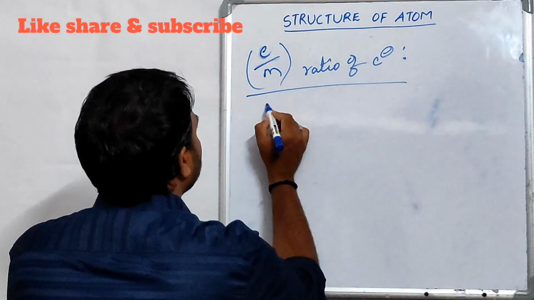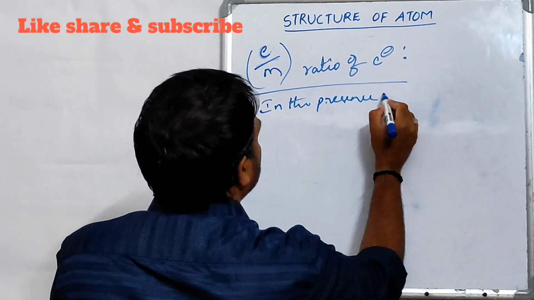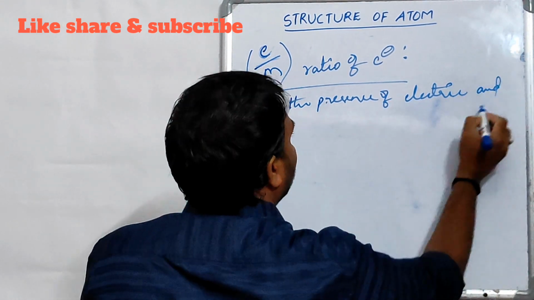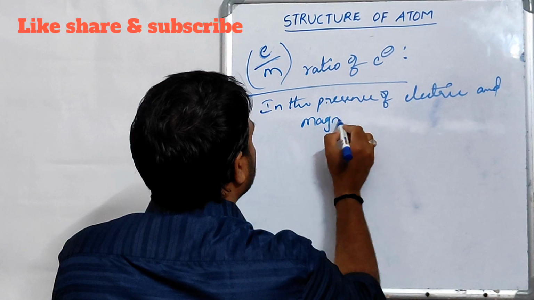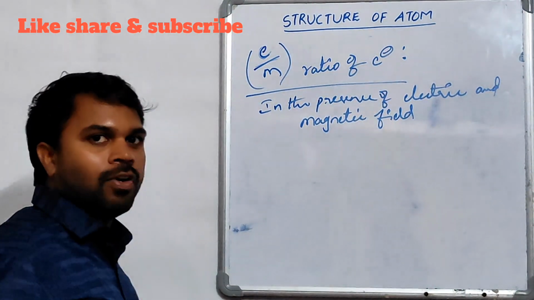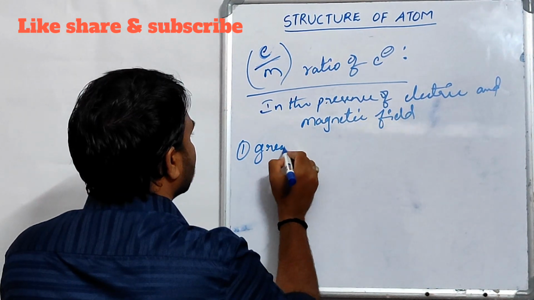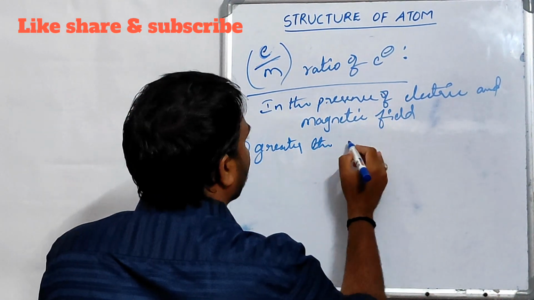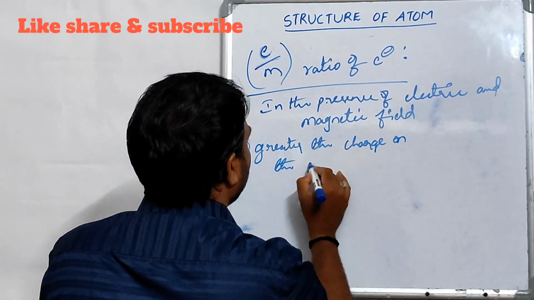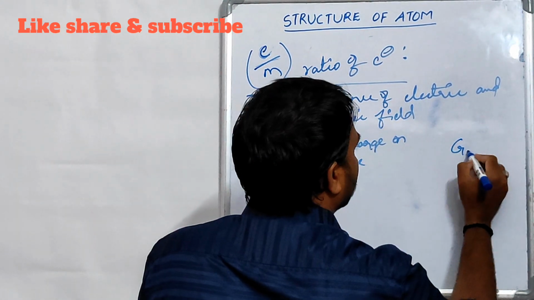They are in the presence of electric and magnetic field. The first point: greater the charge on the particle, greater will be the deflection.